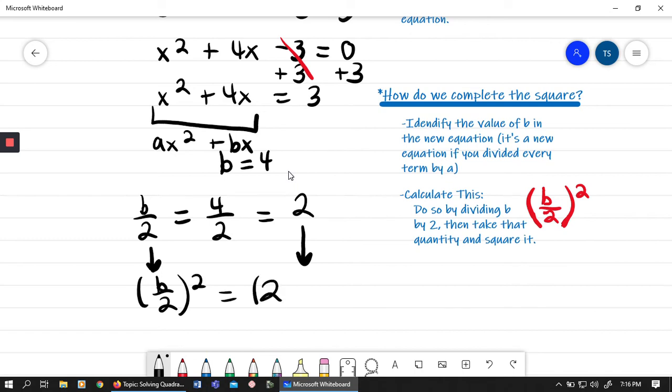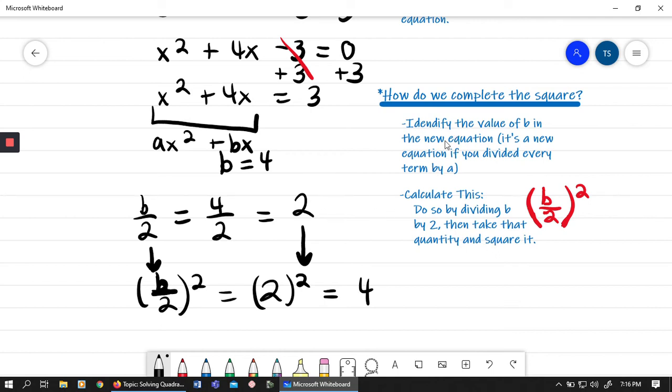That is us taking 2 and squaring it. 2 squared is 4. That might look a little bit sloppier than what I intended, but it's okay. Again, 2 squared is 4.